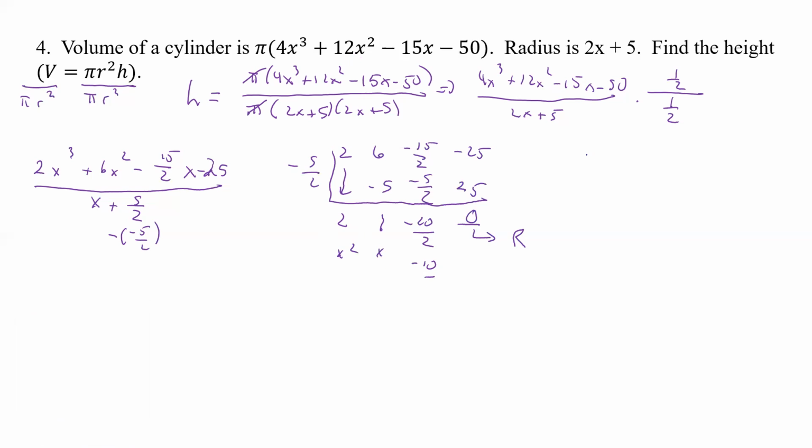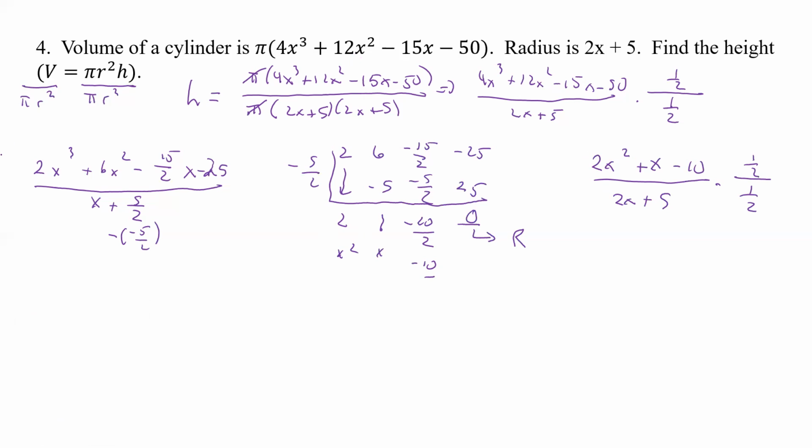And so what we have now is 2x squared plus x minus 10 over, now we had 2x plus 5. So again, we're going to have to take it 1/2 over 1/2.